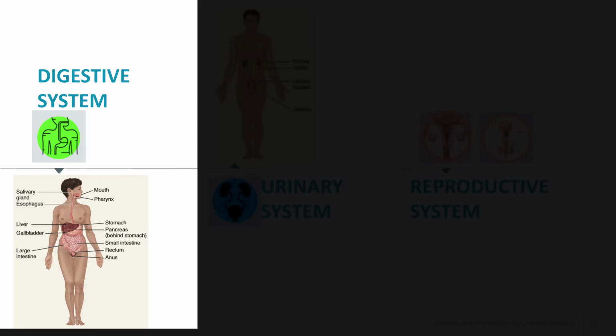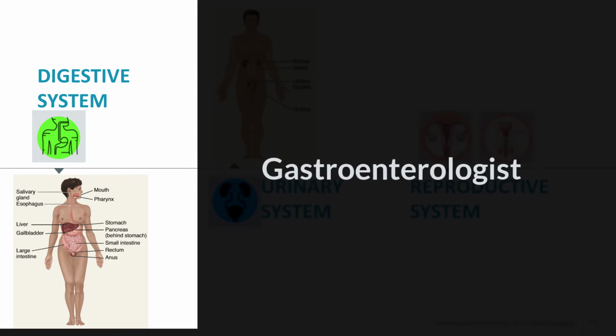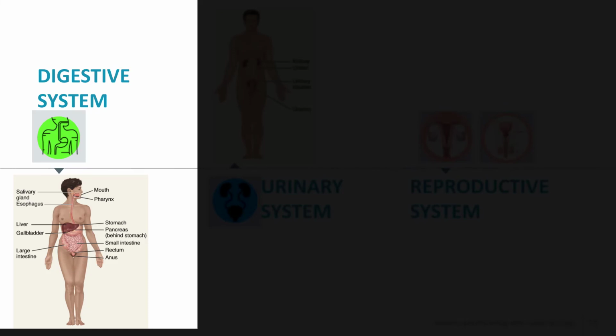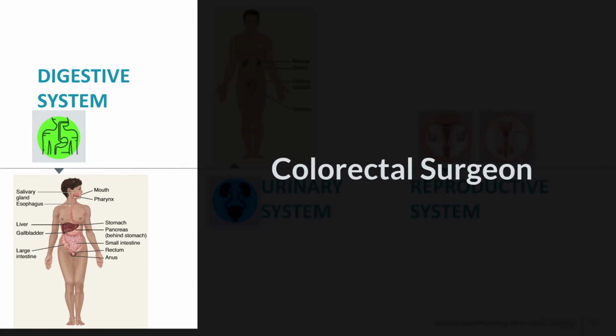A physician who specializes in the structure, function, diagnosis, and treatment of diseases of the stomach and intestine is called a gastroenterologist, while a general surgeon who has undergone further training in the diagnosis and treatment of diseases of the colon, rectum, and anus is known as a proctologist or a colorectal surgeon.